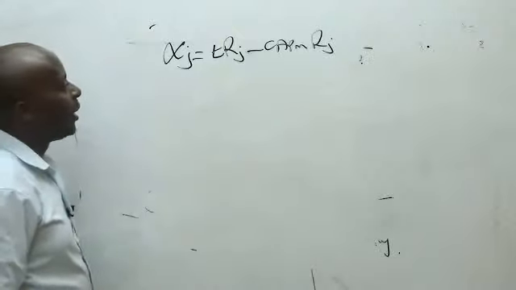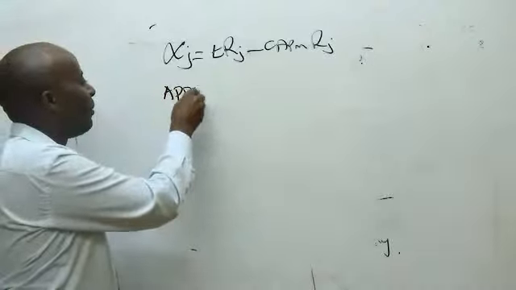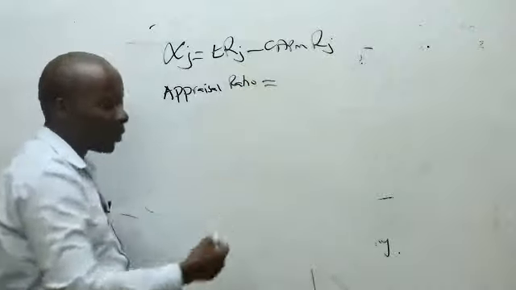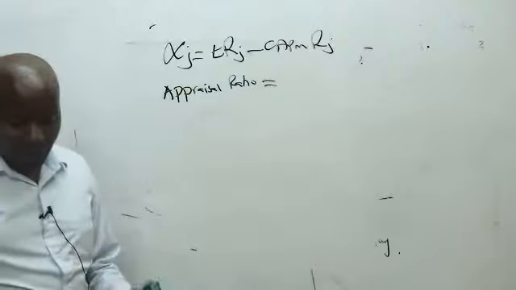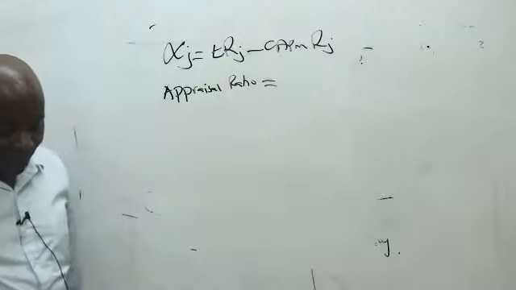Very good. Now from there we have what we call the appraisal ratio. Number 4, appraisal ratio or information ratio formula. Let's see whether there is anybody who will be able to remember this appraisal ratio formula.